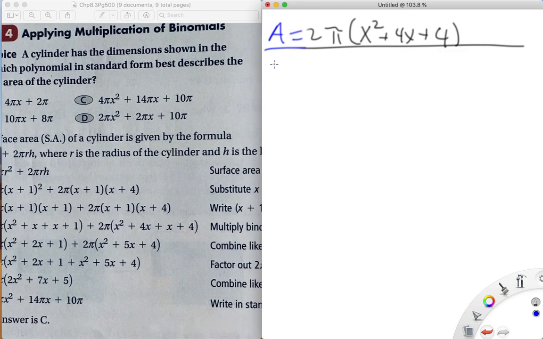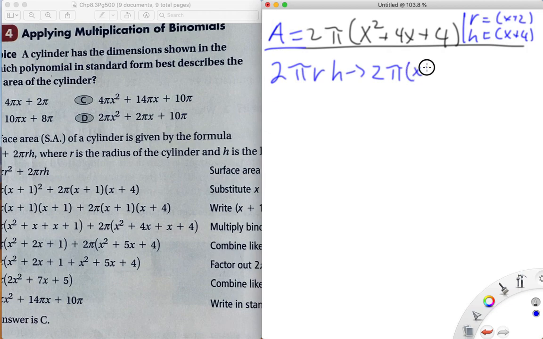For 2 pi r h, we were told that r equals x plus 2, and h equals x plus 4. So that's going to be 2 pi times x plus 2 times x plus 4.